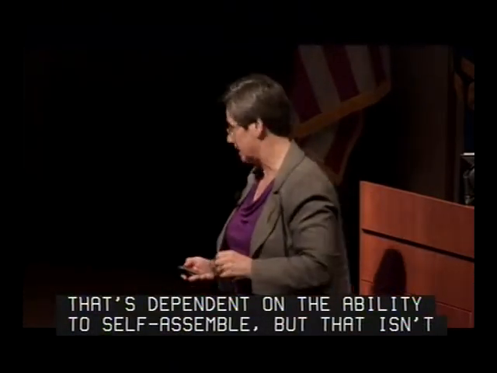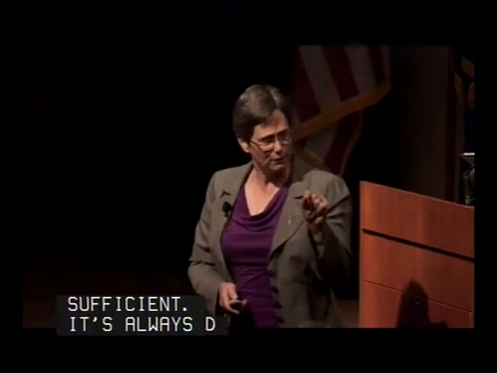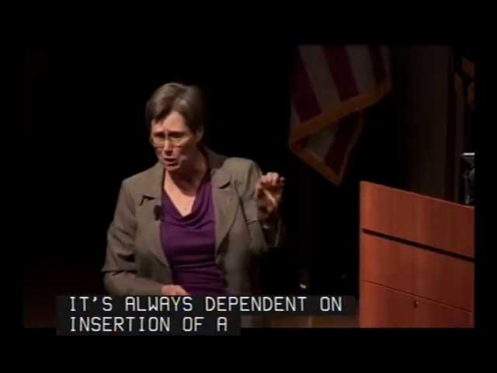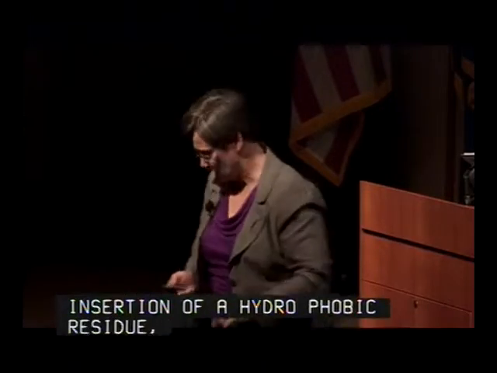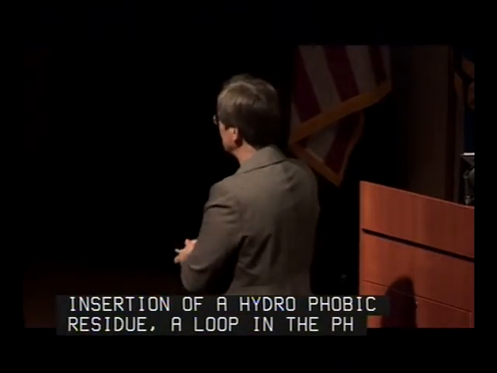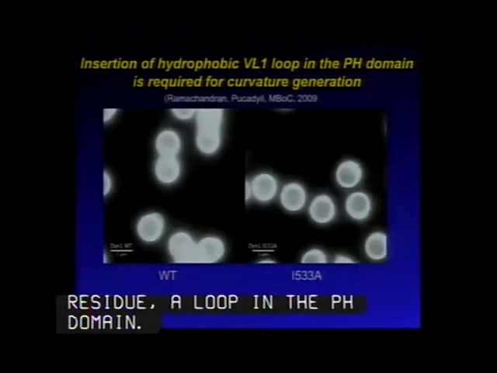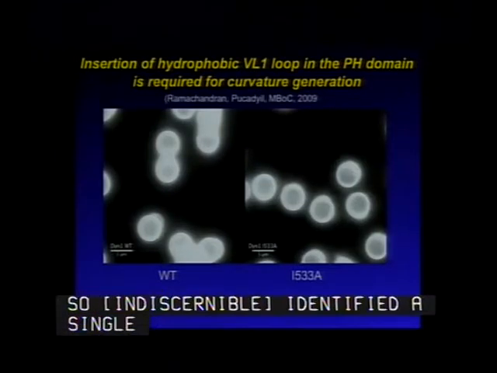It's also dependent on insertion of a hydrophobic loop in the PH domain. So Rajesh identified a single amino acid residue, I533, which when mutated to an alanine, abrogates dynamin's ability to generate curvature.